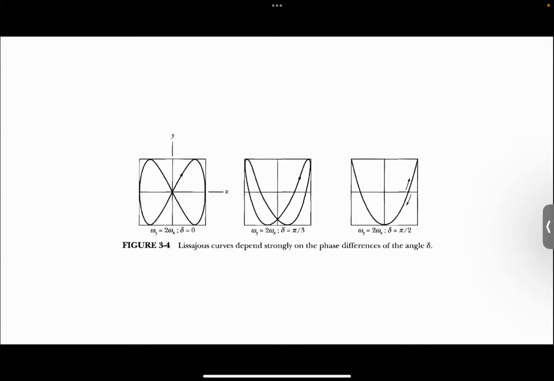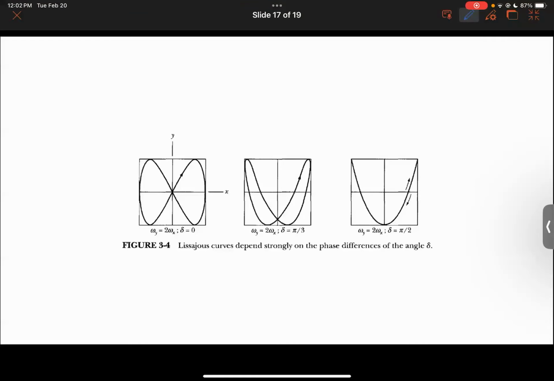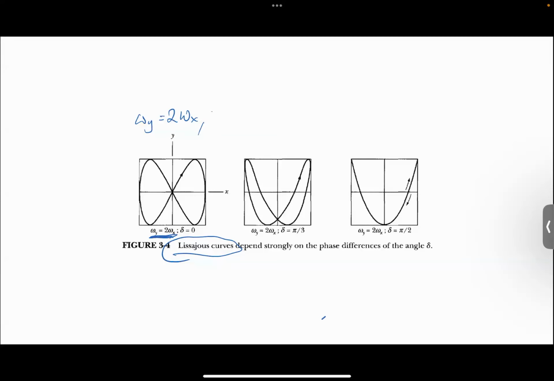So notice na you get these Lissajous curves for yung case na kung saan yung angular frequency along the y-axis is twice the angular frequency sa x-axis, and yung phase difference between them is 0. Dito naman yung phase difference is pi over 3, kita nyo doon. And then dito yung phase difference is pi over 2. So ganyan yung trajectories ng object undergoing simple harmonic motion in two dimensions.